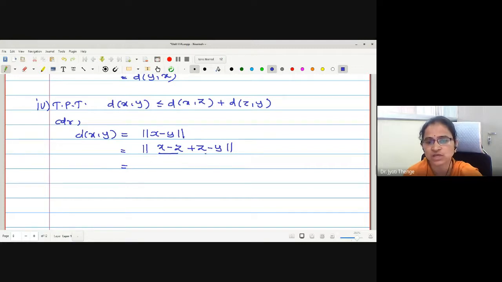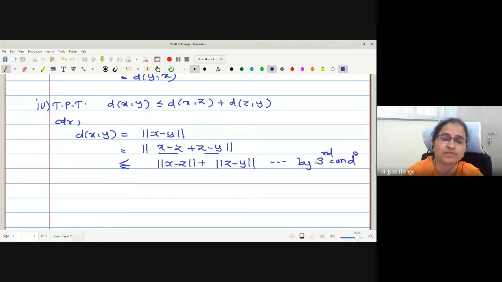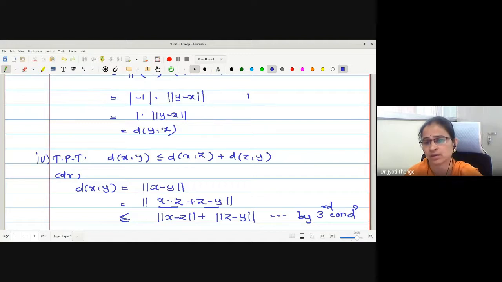Now let me use the triangular inequality property of this norm over these two vectors. Therefore, what can I write here? Less than or equal to norm of, by third condition. Here I forgot to write the reason. By fourth condition.